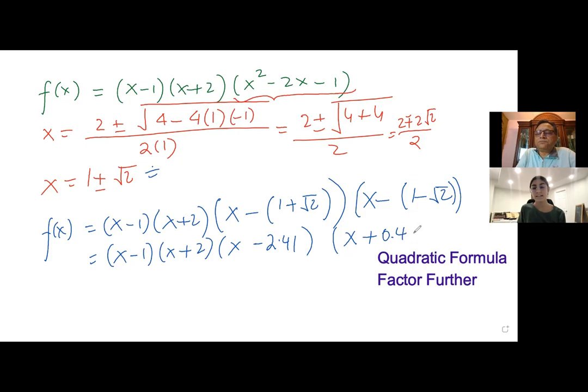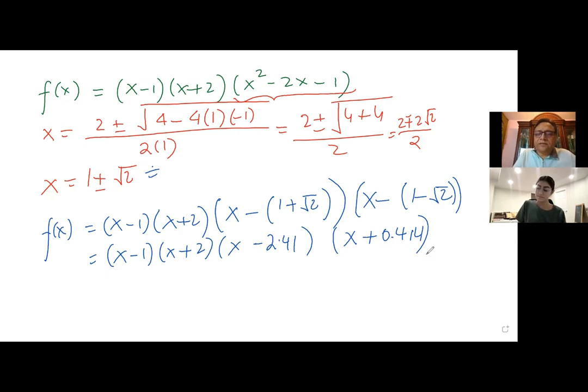Is that correct? Yes, that's correct. So we have the factored form of our equation, correct? Can you copy this and then I'll use a fresh page and we'll graph. Sure. Equals x minus 1, x plus 2, x minus 2.41, and x plus 0.414.